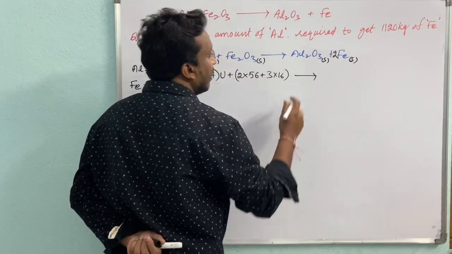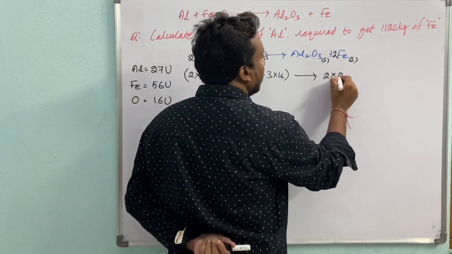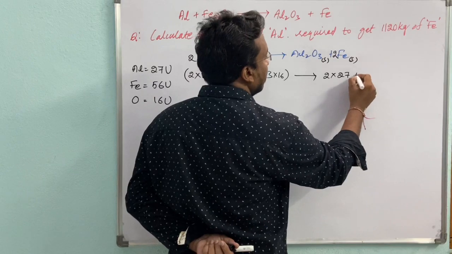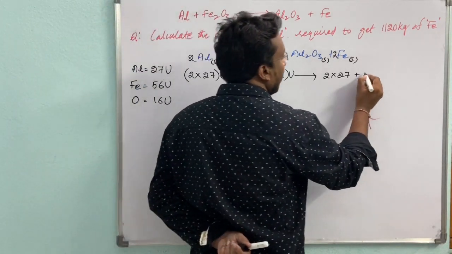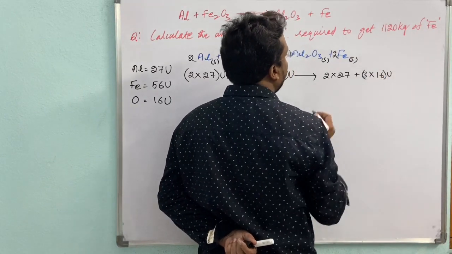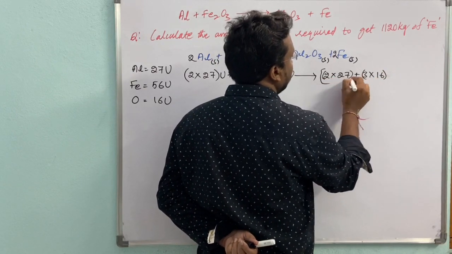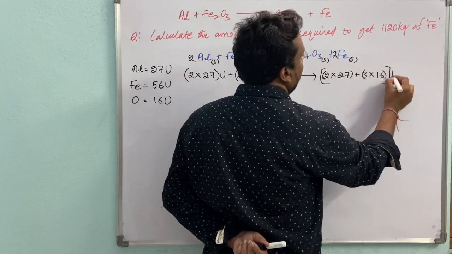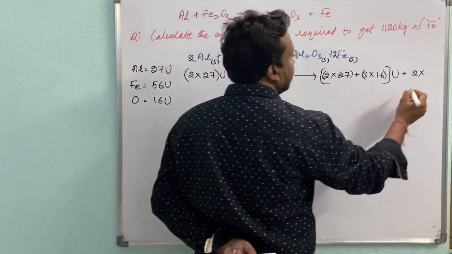Here, aluminum 2 into 27 plus O3, 3 into 16, plus 2 into iron 56.